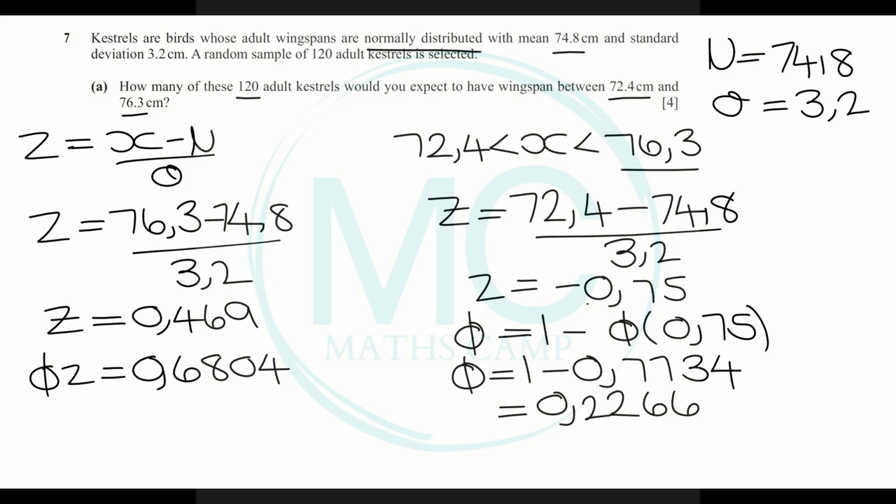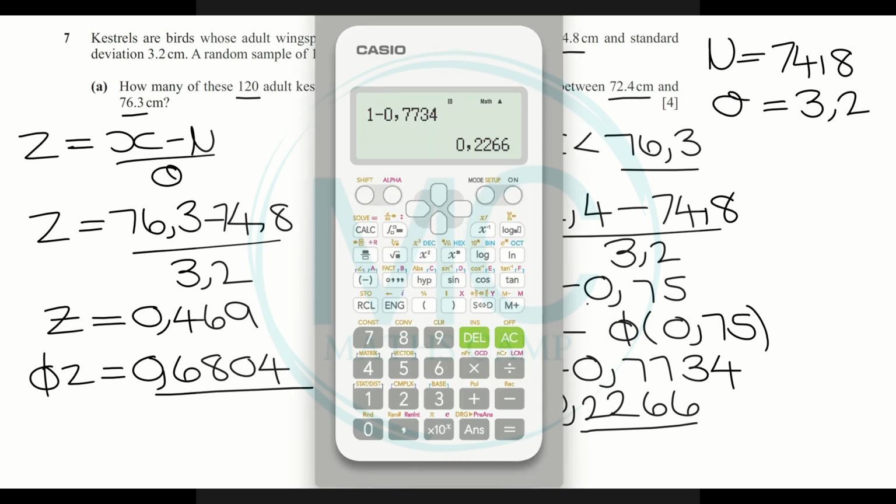Equal to 0,2266. To find the probability that X is greater than 72,4 but smaller than 76,3, we can subtract 0,2266 from 0,6804. So I'm going to say 0,6804 minus 0,2266 is equal to 0,4538.